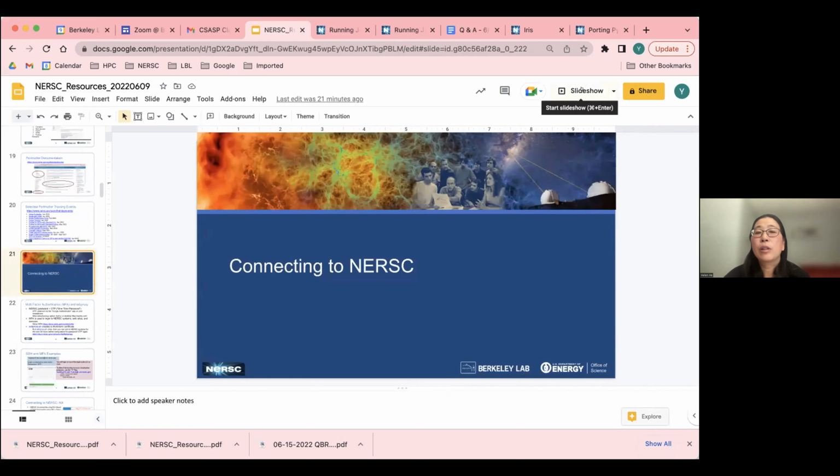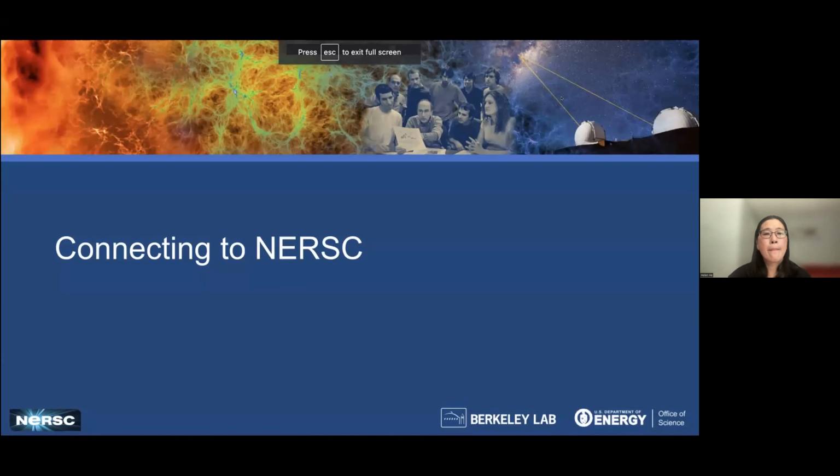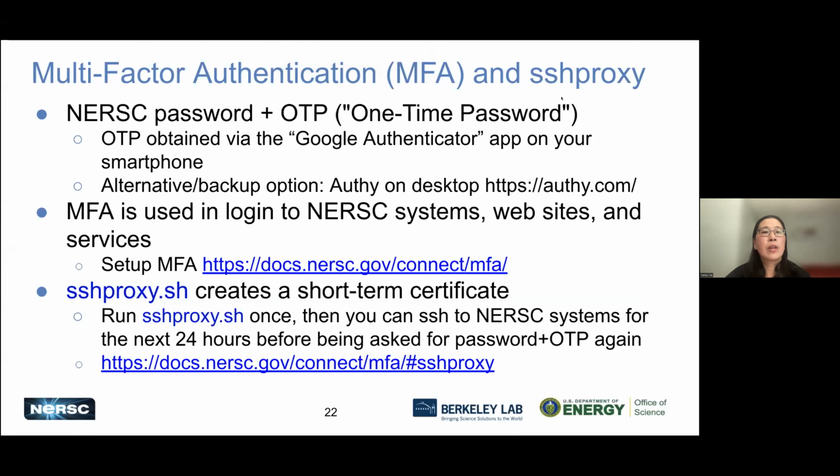So meanwhile, just go on for connecting to NERSC. If you have a NERSC account, we are using multi-factor authentication now. So you have to log in with password plus OTP, which is one-time password.